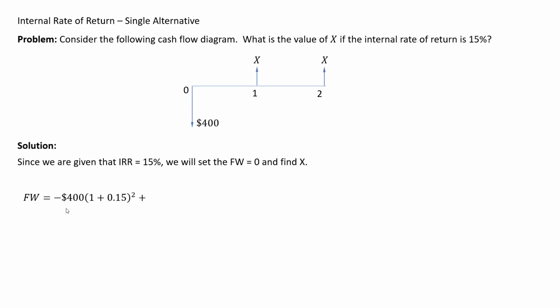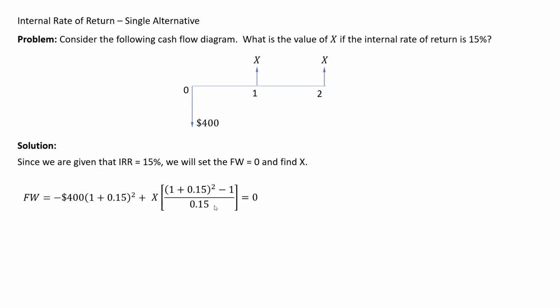Future worth: project this one forward 2 years by multiplying by (1 + 0.15)^2. Use the internal rate of return, 0.15, for this. And then the future worth of those two uniform series would be X times ((1 + 0.15)^2 - 1) over 0.15.